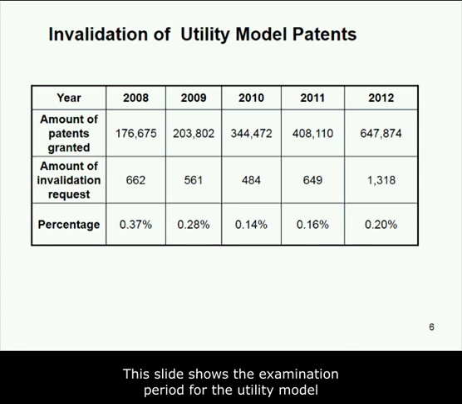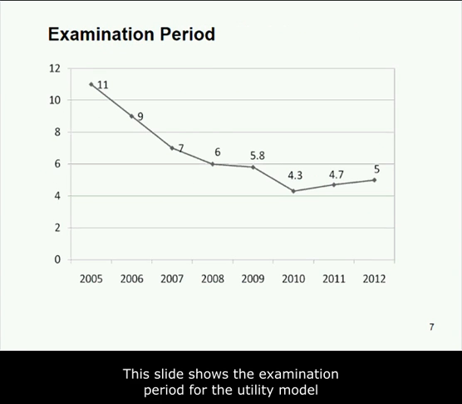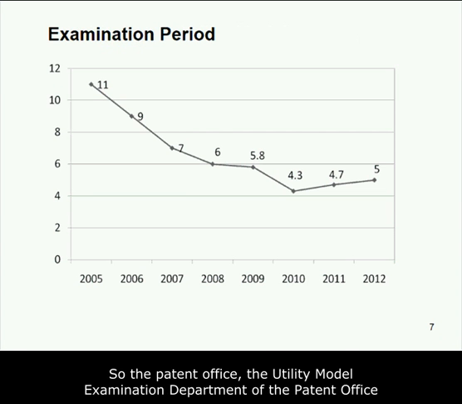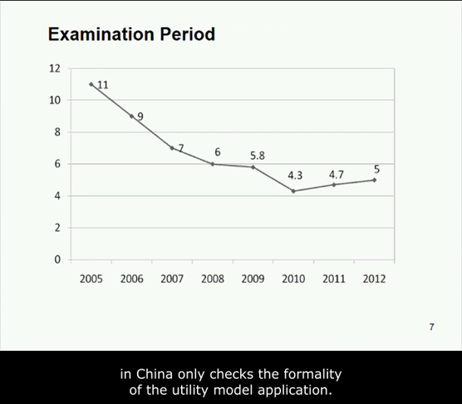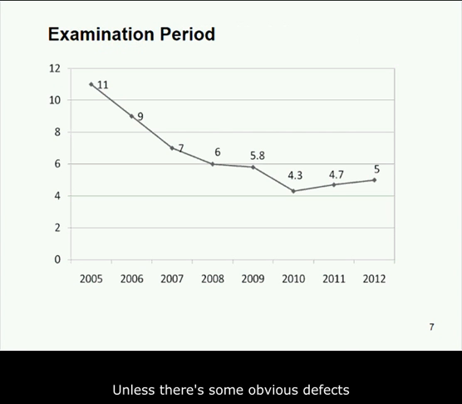This slide shows the examination period for utility models, because there is no substantive examination for utility model. So the utility model examination department of the patent office in China only checks the formality of the utility model application and some obvious defects.